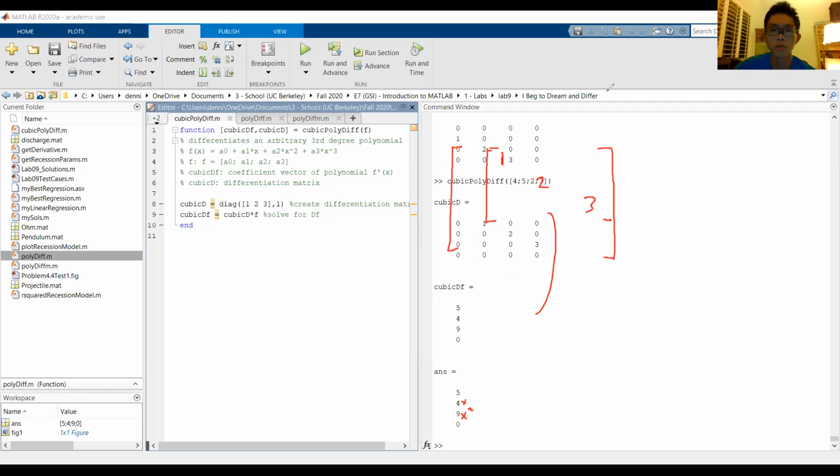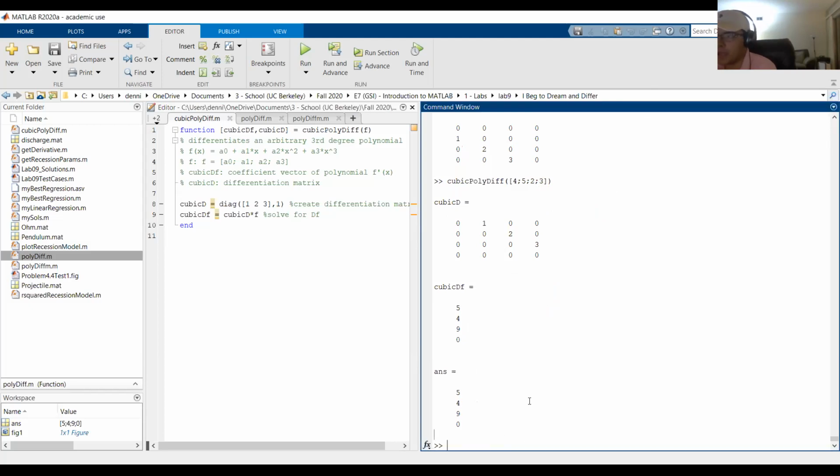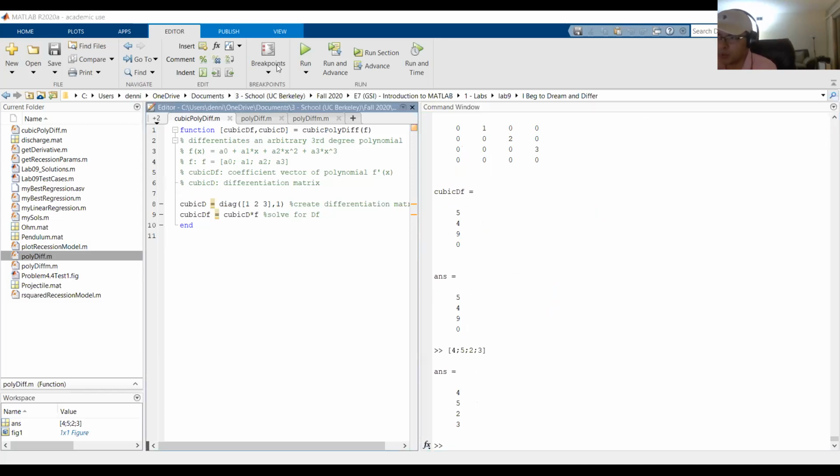Remember that the original polynomial here meant 3x cubed plus 2x squared plus 5x plus 4. So this should be the derivative. X squared, that goes with the 9. Yeah, checks out. Okay, let's keep going.